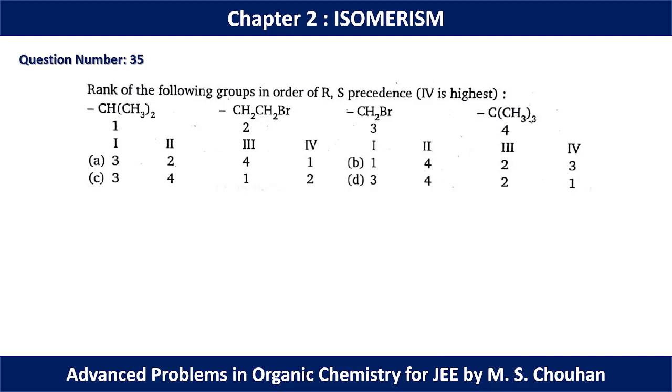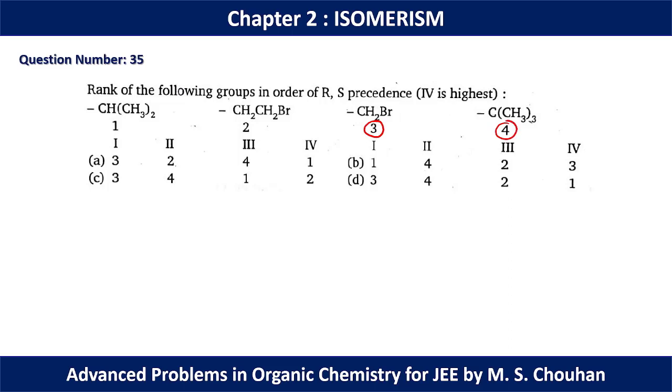In question number 35, rank the following groups in order of RS nomenclature, 4 is highest, so this is application of CIP rule. So if you apply the CIP rule, we can see that the third should be the first priority. Okay, why? Because bromine is directly attached to that carbon. Next, 4 should be the next priority.